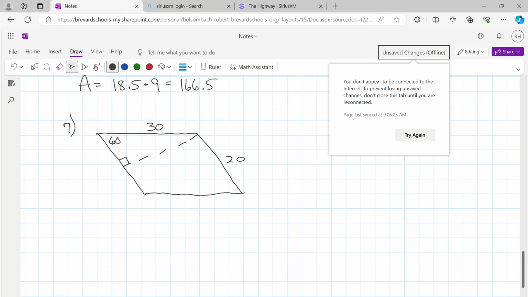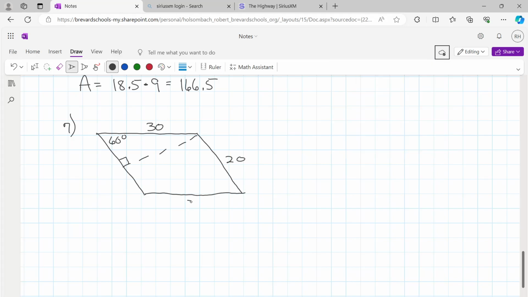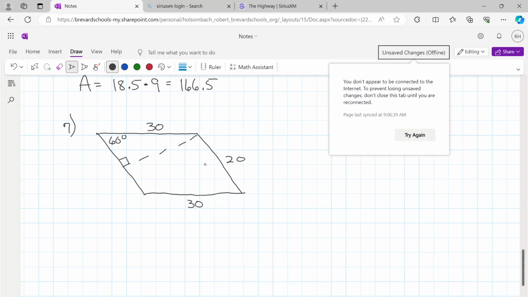This is a 60-degree angle. And if our top is 30, our bottom's 30. If our right side's 20, our left side is 20. The entire left side is 20. So our perimeter is equal to 2 times 20 plus 2 times 30. And that's 100.